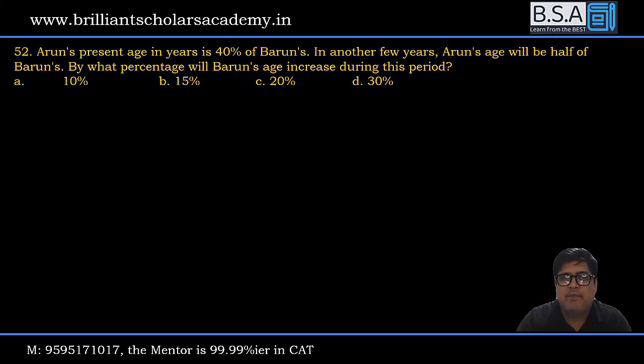Simple enough. Arun's present age is 40% of Varun's. In another few years, Arun's age will be half of Varun's. By what percentage did Varun's age increase during this period?